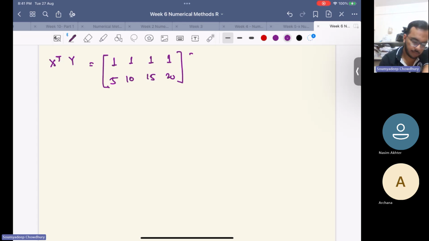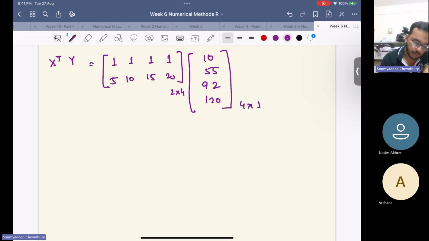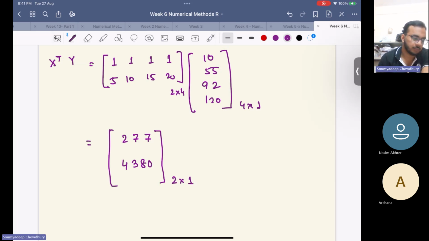Y is 10, 55, 92, 120. So this is 2 cross 4 and this is 4 cross 1. So you'll get 2 cross 1, right? If you calculate, this will be 277 and this will be 4380. It's 2 cross 1.